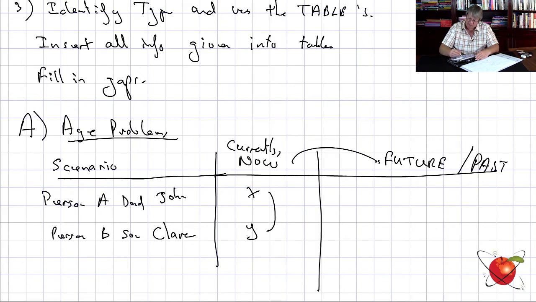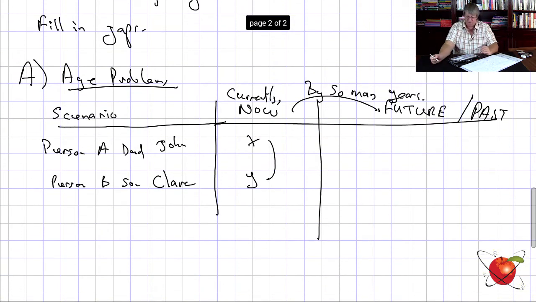This has moved on by so many years. I'm going to do an example straight after this. Now, basically what we're going to do is solve for the missing bits. Let's do a practice example, shall we?